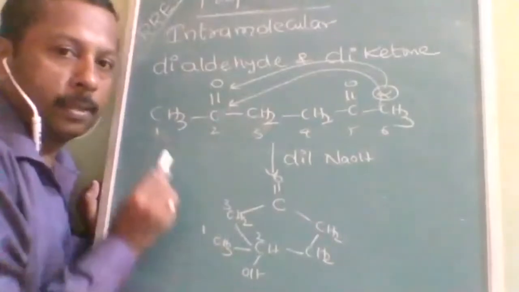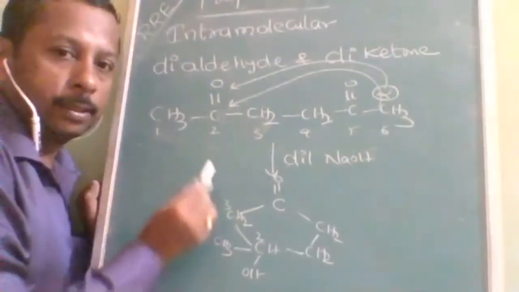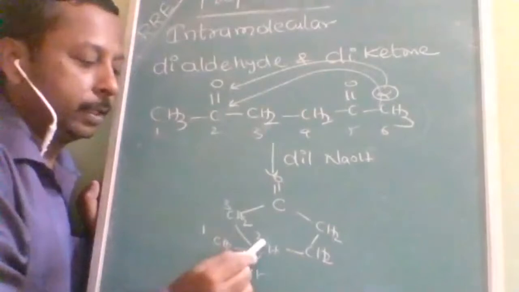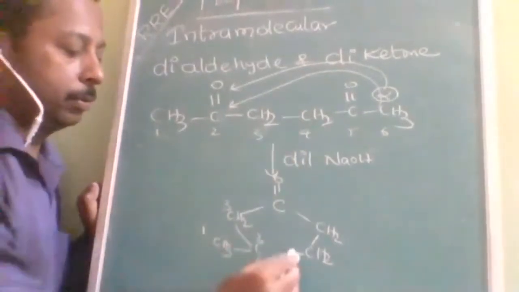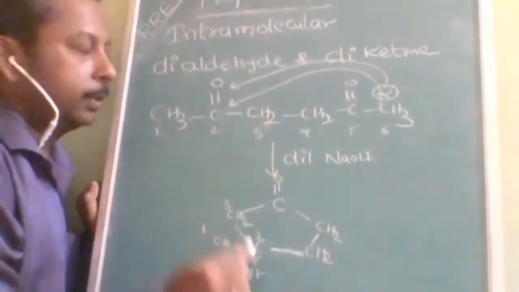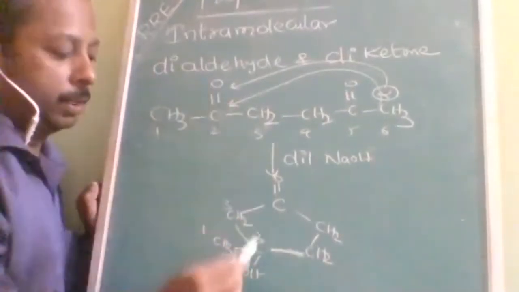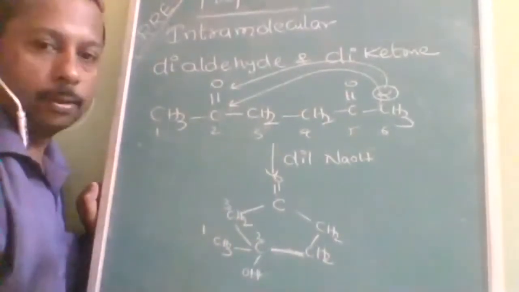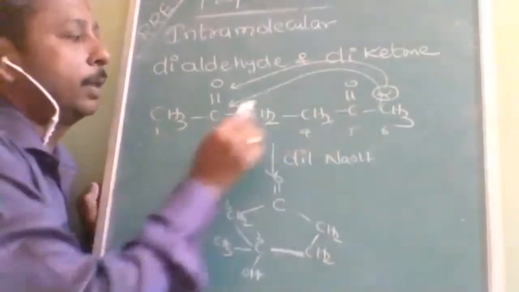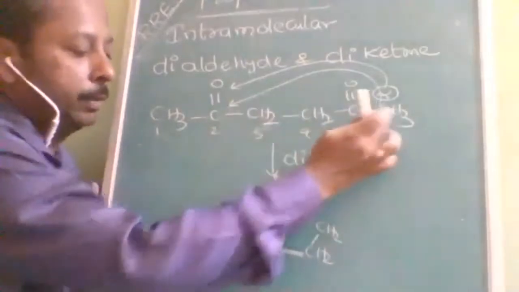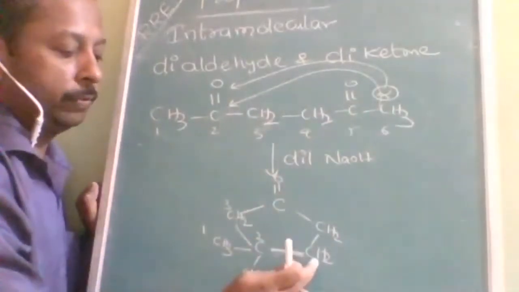This is the first carbon, this is the second carbon. The ketone is converted to alcohol, and this carbon is attached over here. CH3 was there, CH2 it will become.